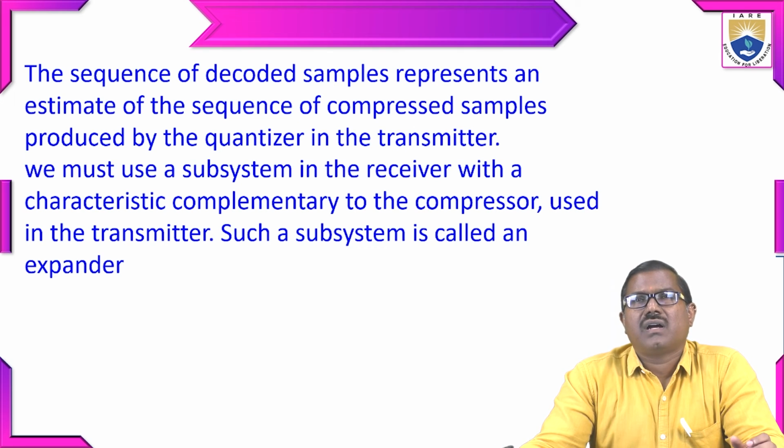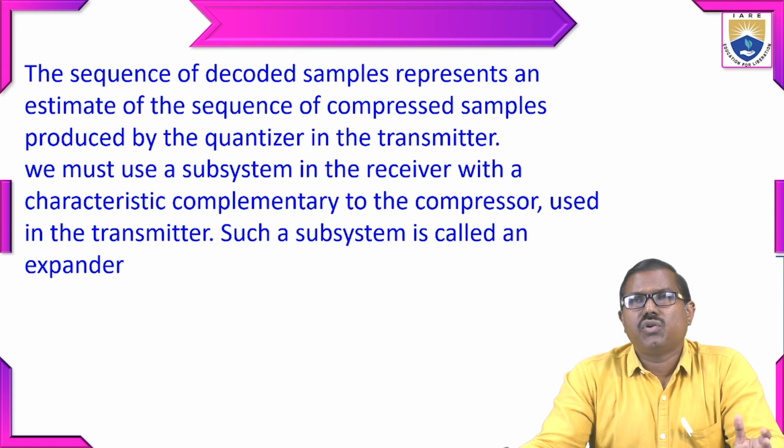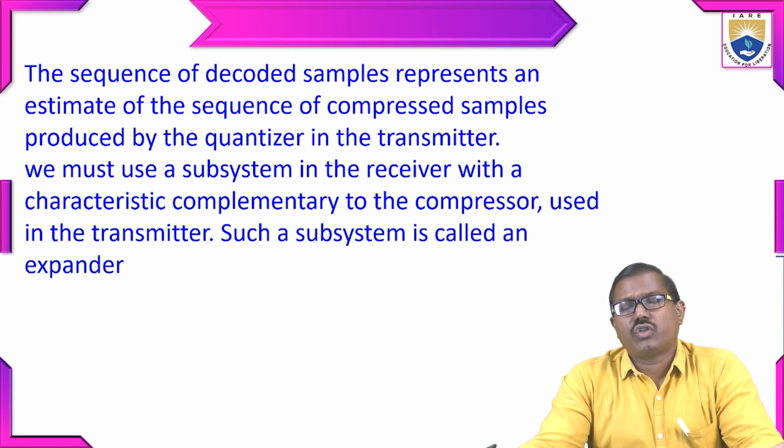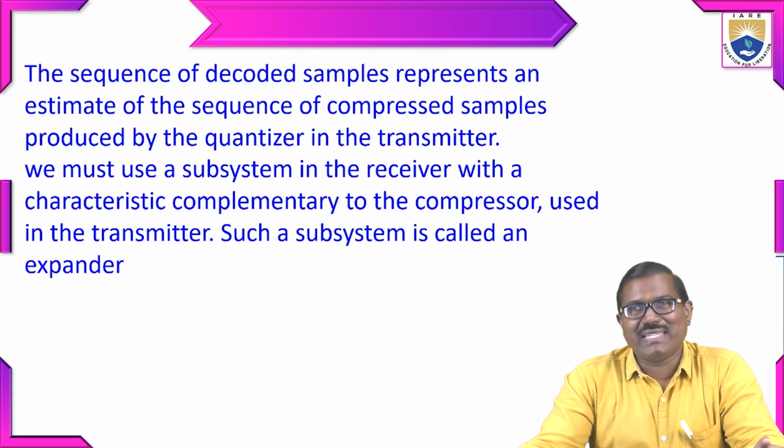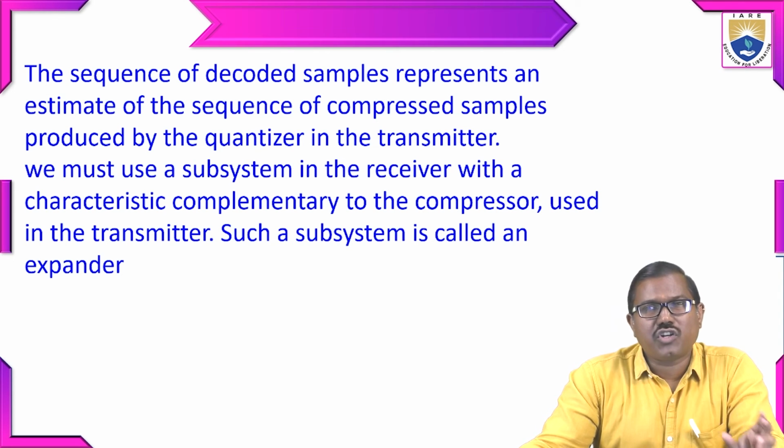We have made some arrangements. That is, I use a compressor in combination with a uniform quantizer, and then it works as a non-uniform quantizer. Here I use two laws: one is the mu law and the other is the A law for the compression of the signal. So at the transmitter, compression is done.